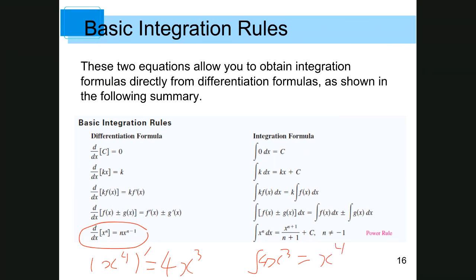Now, remember from the constant property, this 4 comes out. Then I can divide by 4 on both sides. So what does it mean?